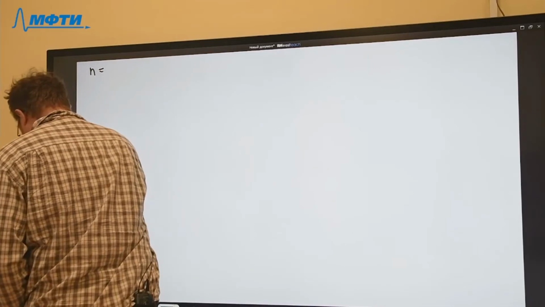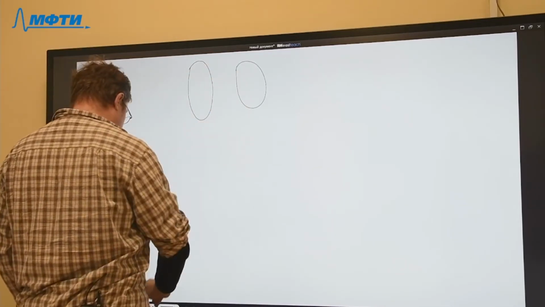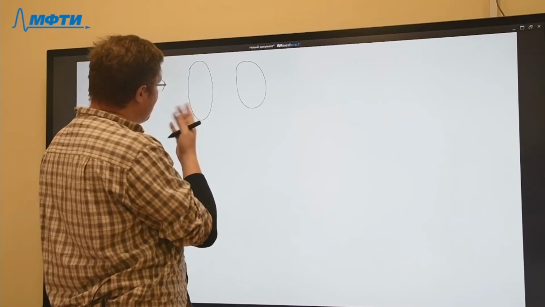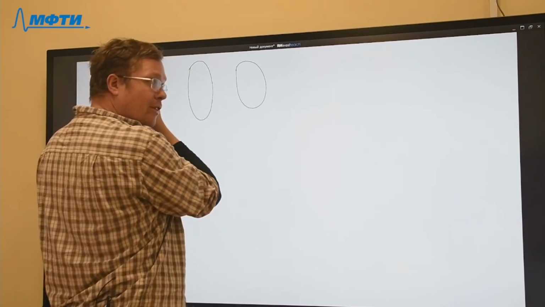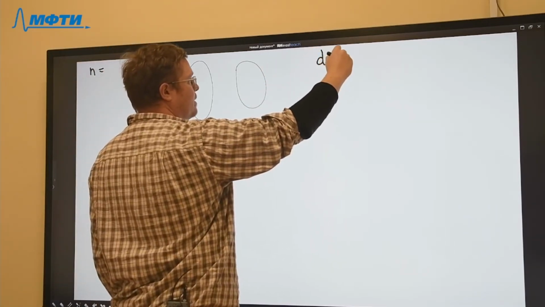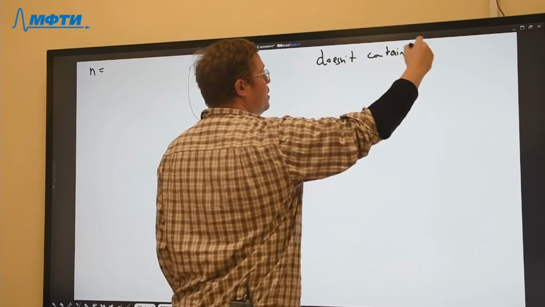Then we can find restrictions, because this graph doesn't contain C4. What does it mean that it doesn't contain C4?